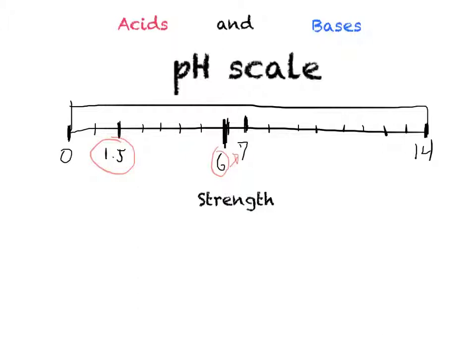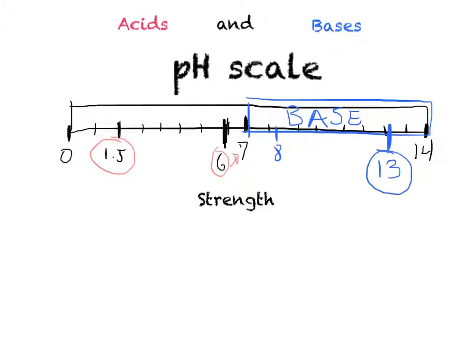On the other hand, anything that is above 7 will be called a base. And the rationale is the same. The farther away from 7, the stronger you are. If you have a base with a pH of 13 versus a base with a pH of 8, the base with a pH of 13 is going to be the strongest.